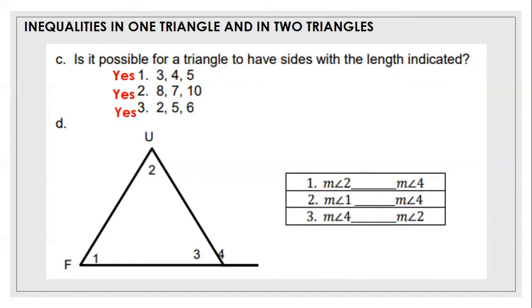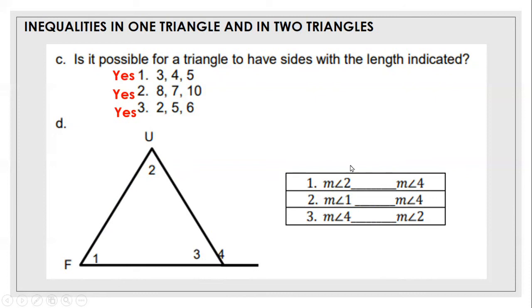Next, letter D. Okay, we have triangle FUN. We have angle 1, angle 2, and angle 3 as interior angles, and angle 4 as the exterior angle. So we can use the exterior angle inequality theorem. Number 1, the measure of angle 2 is blank than the measure of angle 4.